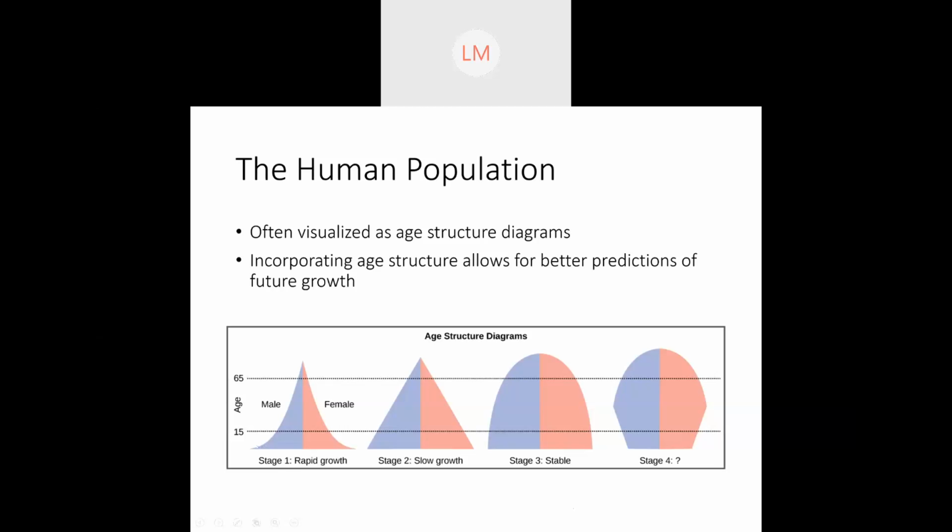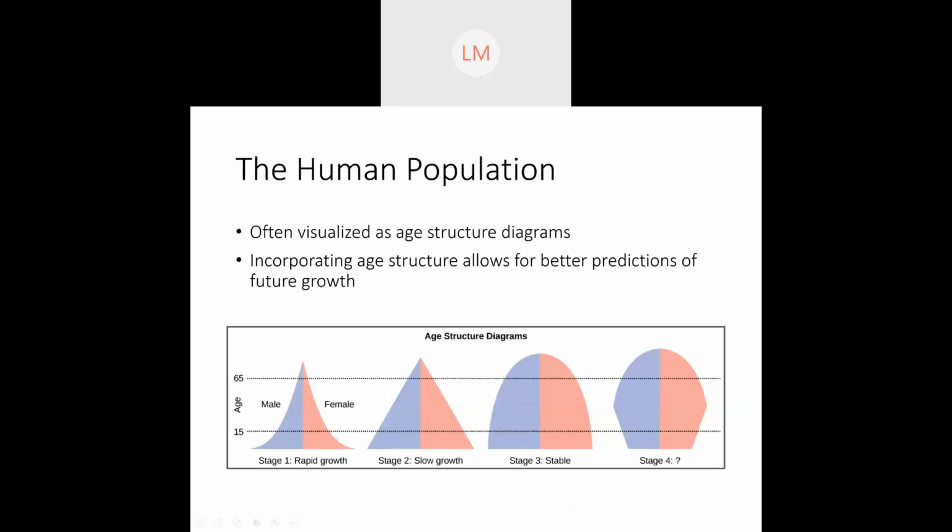So in this example right here, the stage 1 age structure diagram, we have lots of individuals in these low age ranges, but as we increase in age, it thins out pretty heavily, right? We only have a few individuals in these higher age ranges. These stage 1 age structure diagrams are typically going to be seen in developing countries.